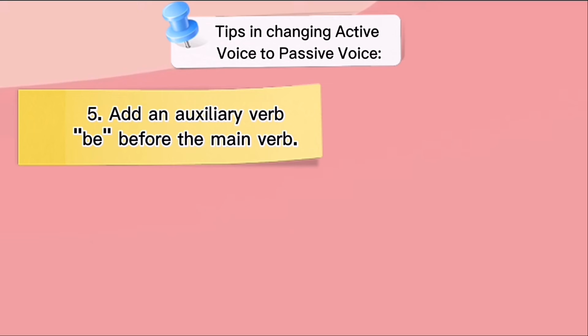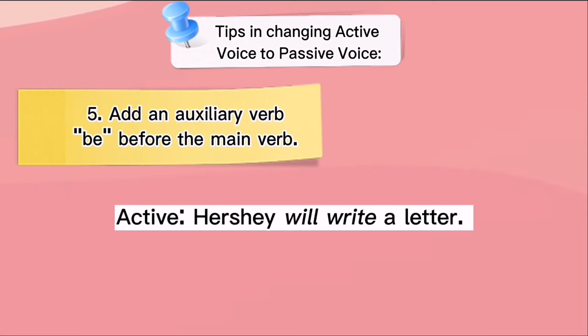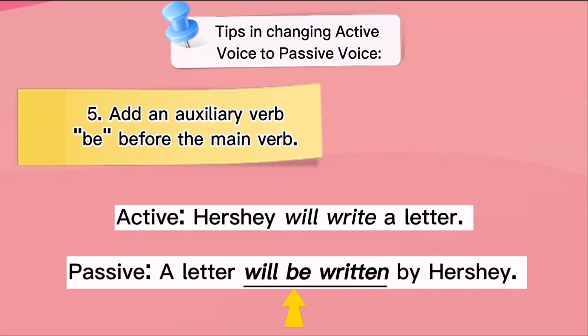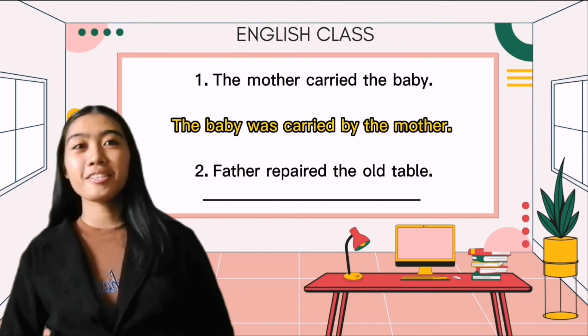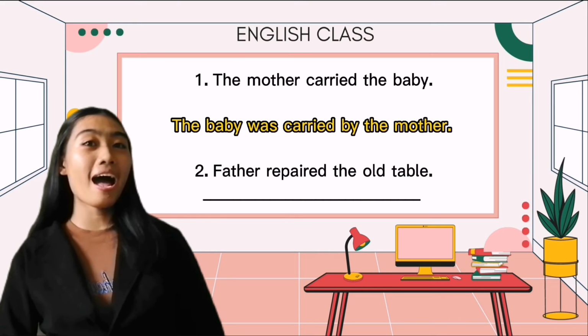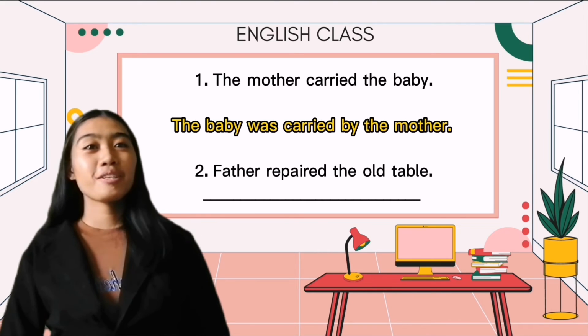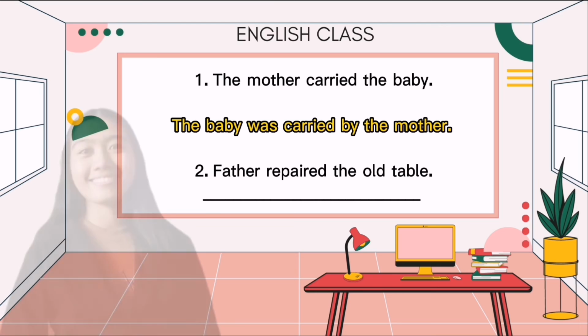Number 5. Add an auxiliary verb be before the main verb. Now, try to rewrite sentence number 2 by changing the verb from active to passive. The first one is done for you.